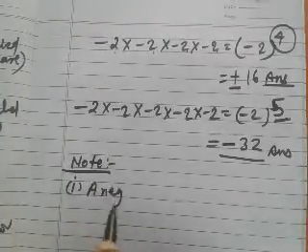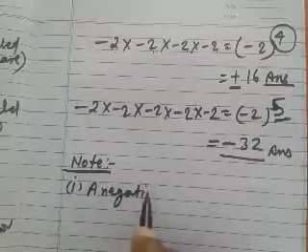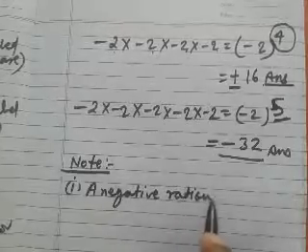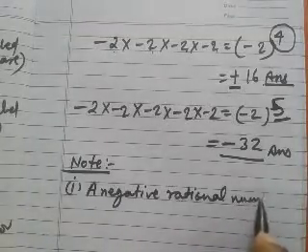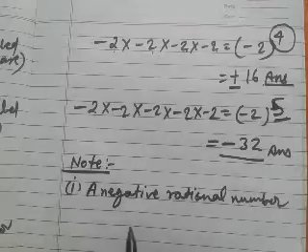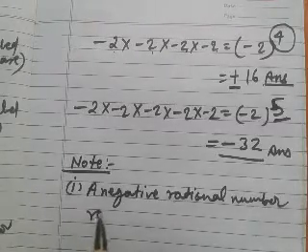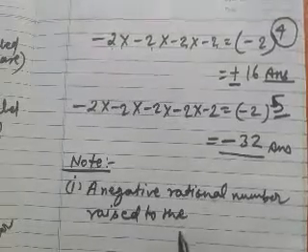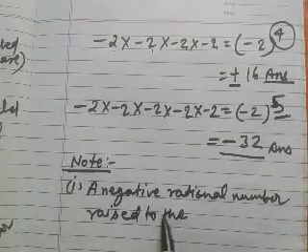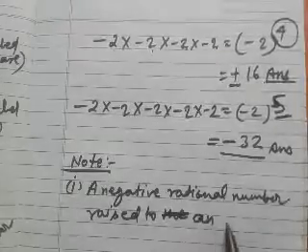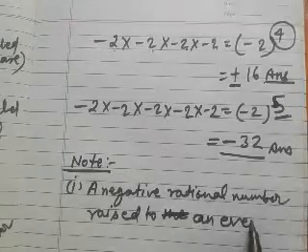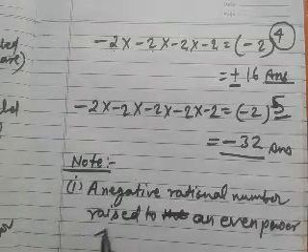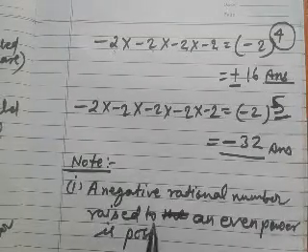A negative rational number raised to an even power is positive.